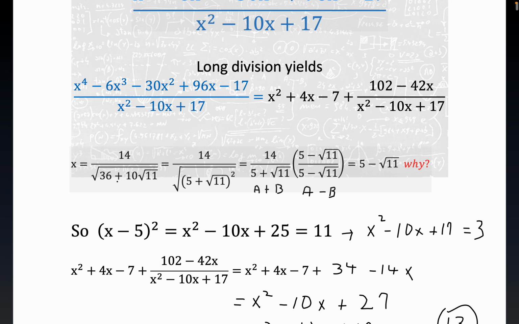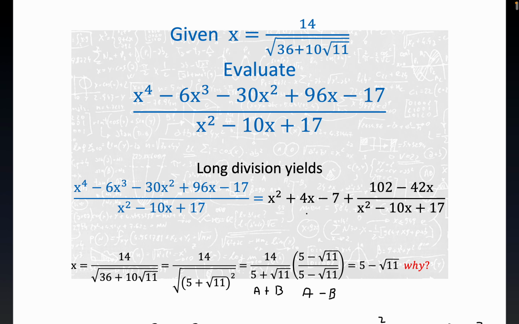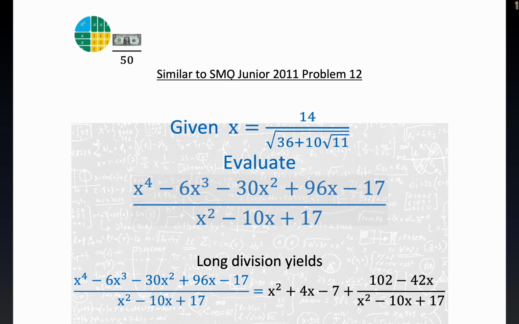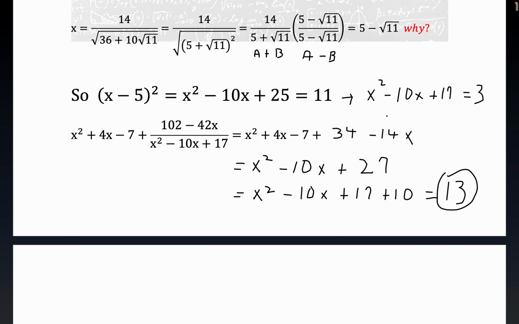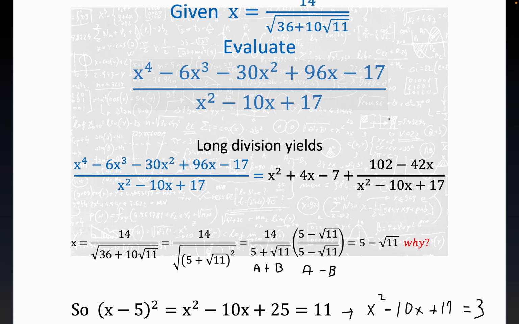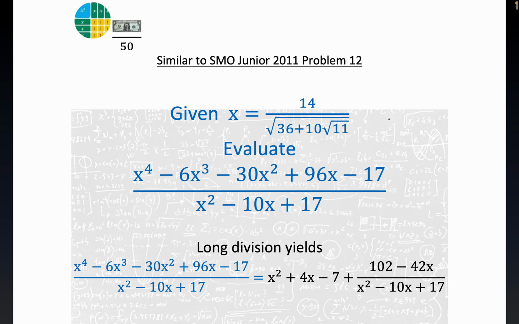Noticing that 36 plus 10 root 11 is 5 plus the square root of 11 quantity squared gives you a nice clean square root and then some standard algebra. So again, a problem within a problem. I still can't believe it was a junior level problem. And again, a fascinating problem. The answer is 13. Let's write it down right up here. Okay, good night.